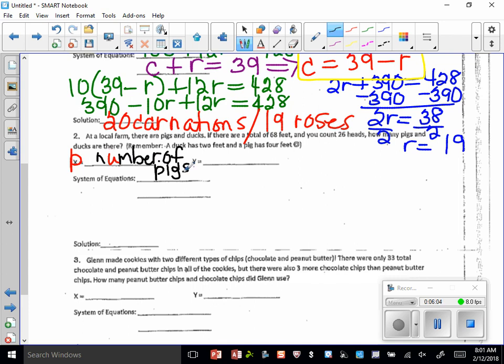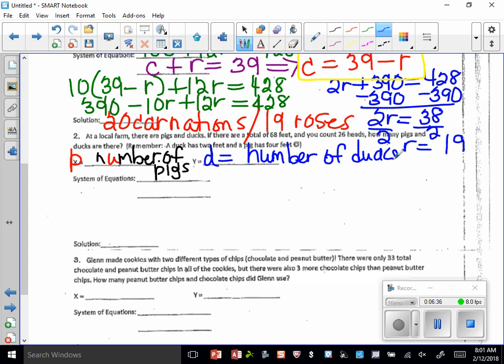And let's do D for ducks. Okay, so it says if there are 68 feet and you have 26 heads, how many pigs and ducks are there?